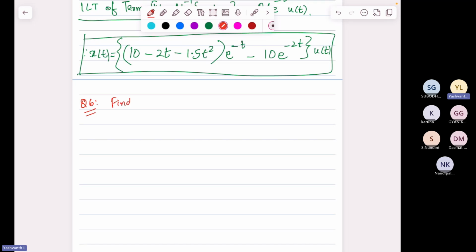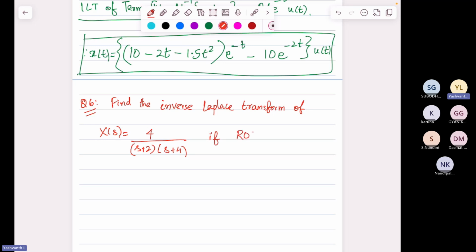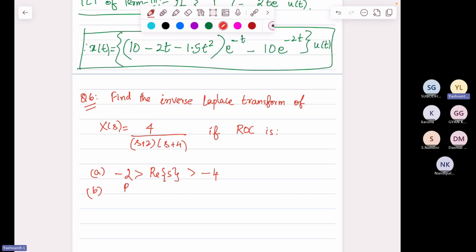Find the inverse Laplace transform of x of s equal to 4 by (s plus 2) into (s plus 4), if the ROC is A, real part of s lying between minus 4 and minus 2, B, real part of s is less than minus 4, C, real part of s is greater than minus 2.